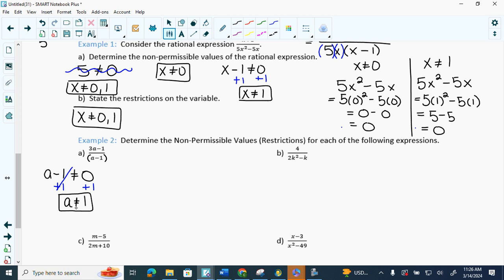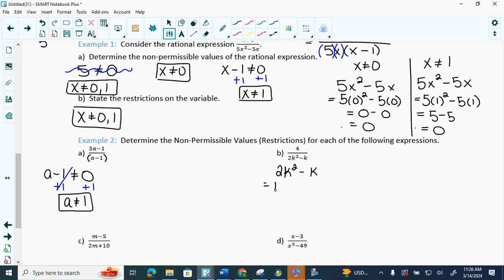Let's look at B. I only look at the denominator if I'm talking about non-permissible values. So I have 2k squared minus k. Is there anything I can do to that? What can I take out? A k. So I have 2k squared minus k. That's my denominator.